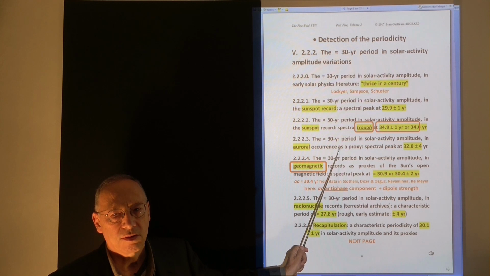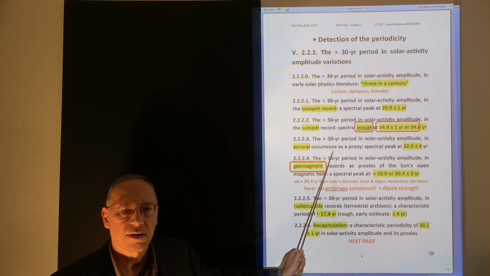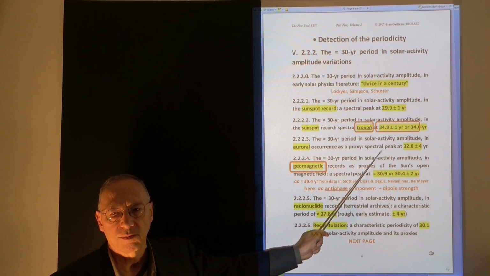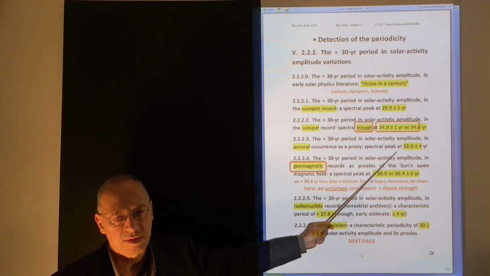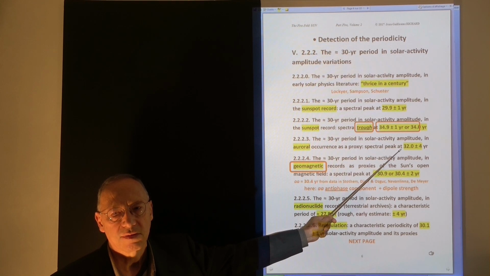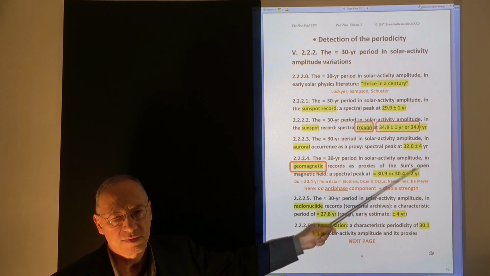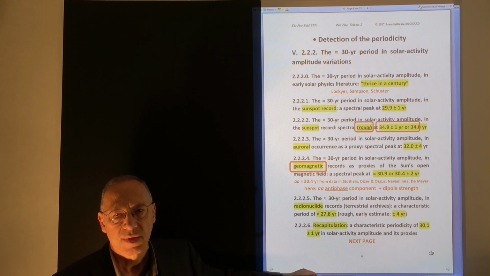In auroral occurrence, which is also an indicator of poloidal open field variations, we have a spectral peak estimated in this book, the Fivefold Sun, at about 32 years, but you see a large variation band of 4 years.